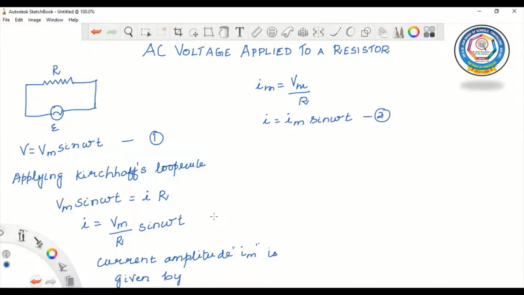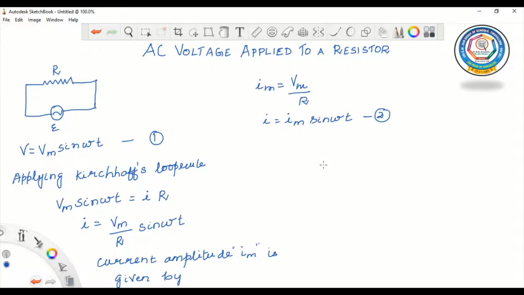So actually, what is the voltage across a pure resistor? V is equal to Vm sin omega t. Similarly, the current through this resistor is I is equal to Im sin omega t. Now, we are going to plot the graph for this voltage and current as a function of time. Okay.